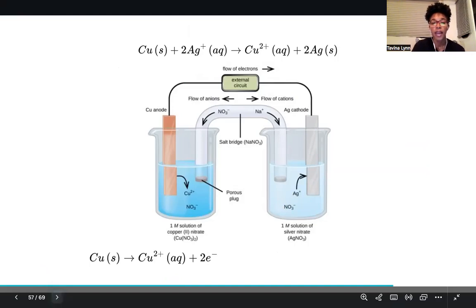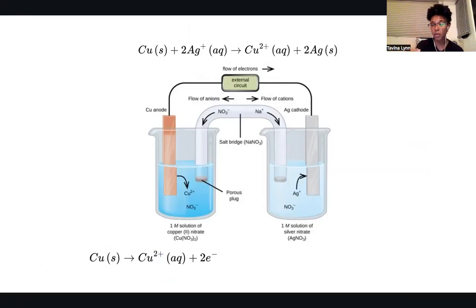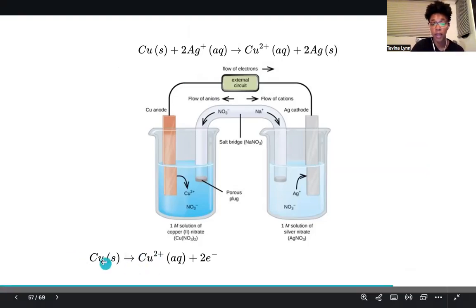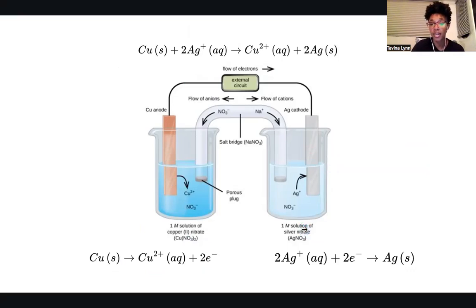So here is our half cell reaction. Our half cell reactions are like when we write the oxidation and reduction half reactions for a redox reaction, right? So our anode half cell reaction is our oxidation step. Copper solid is going to copper 2 plus, producing 2 electrons. Those 2 electrons that are produced will flow to the cathode, and at our cathode, the half reaction here is reduction.